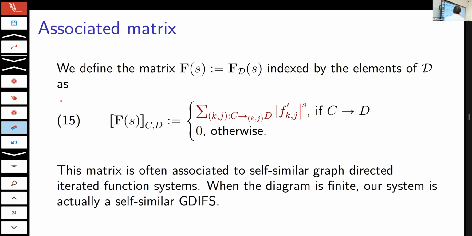Then we sum it up for all different branches that can send C to D to calculate the C, D entry of the matrix, and we write zero otherwise. If there are no branches sending C to D, then the matrix entry is just zero.